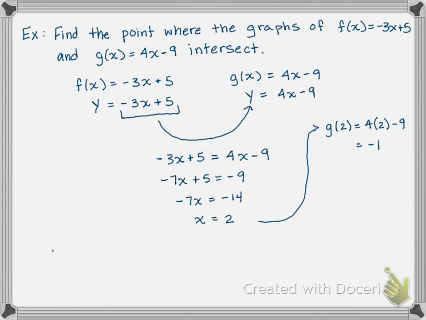So our point of intersection is (2, -1). You guys see we're basically doing the same thing. Good. Cool. That's all for today.